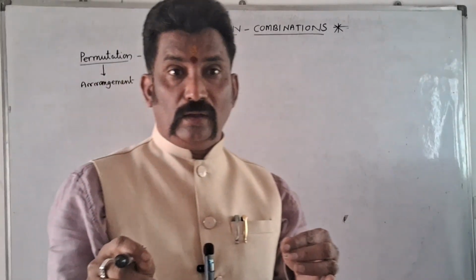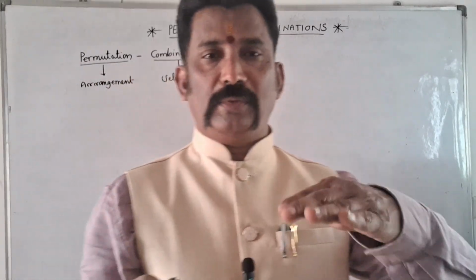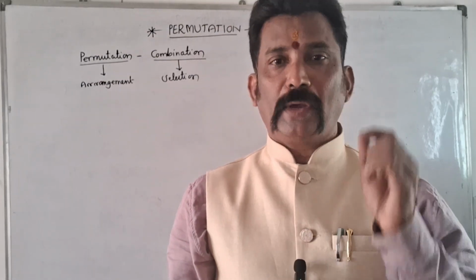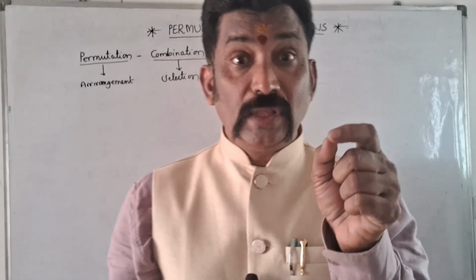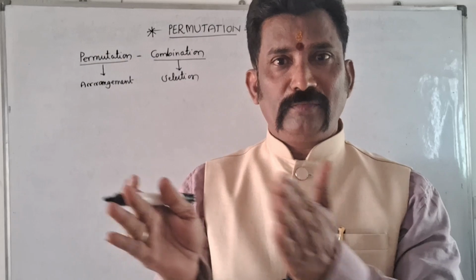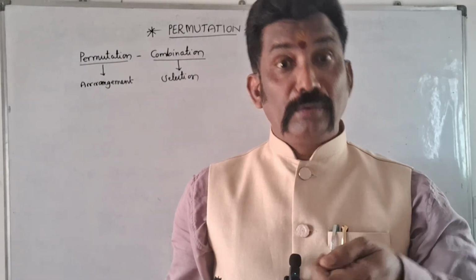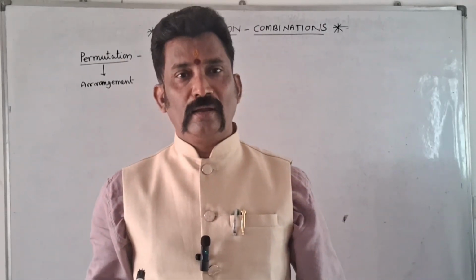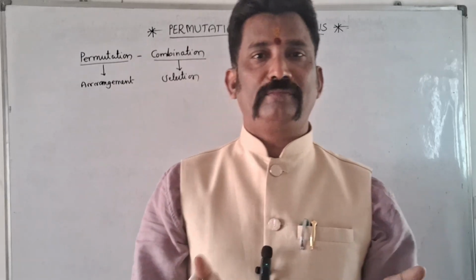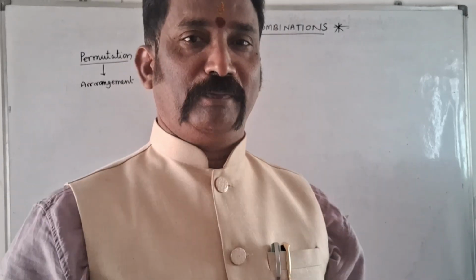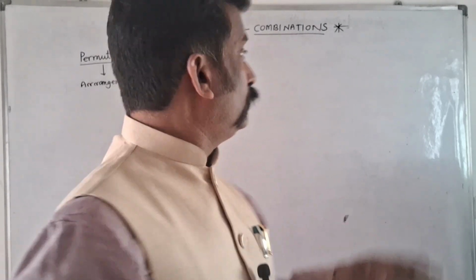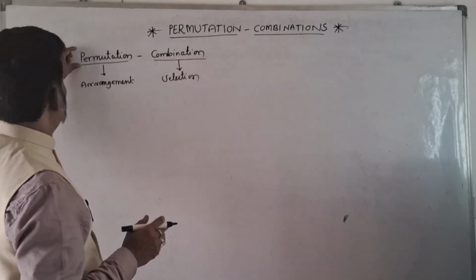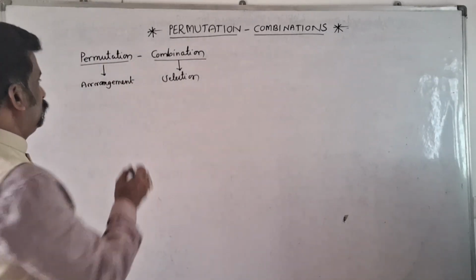According to the intermediate or CBSE level, the definition of permutation is: each of the arrangements that can be made by taking some or all of a number of things is called a permutation. Originally, the meaning of the word permutation is arrangement.